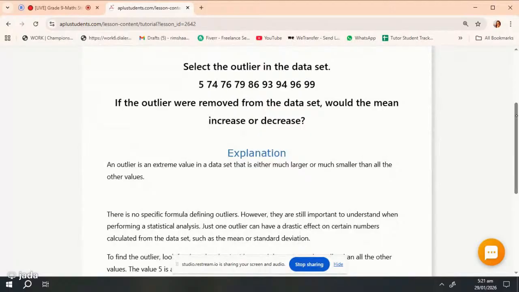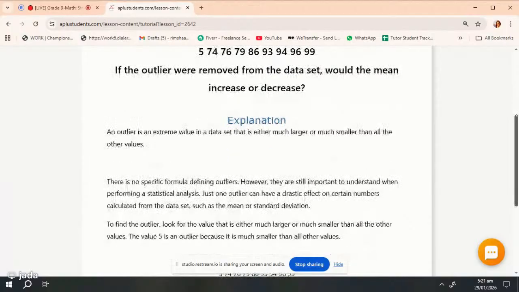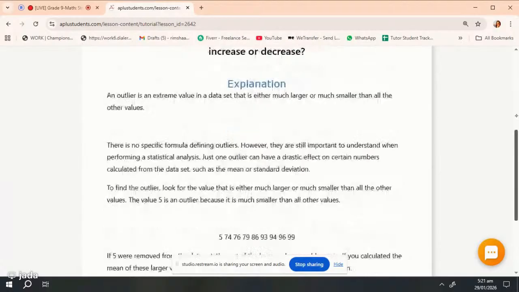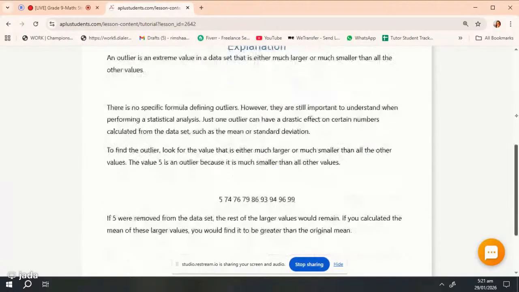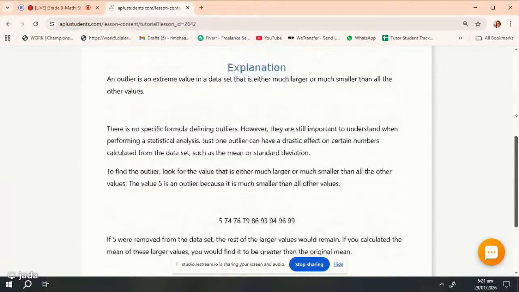This is the data that is given. So now you guys tell me, what is the outlier, the decreased number? When we see 5 is very small, 99 is the biggest number in all of it, but 5 is very much smaller as compared to the other values. Okay, so you can say that this is an outlier of this data.